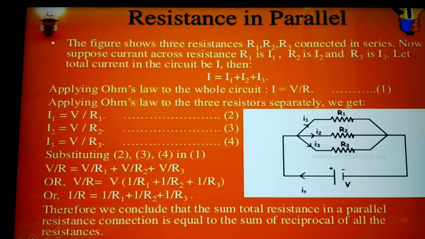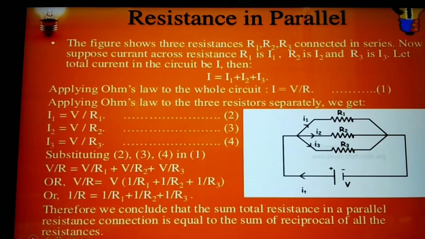Let the total current in the circuit be I, then I is equal to I1 plus I2 plus I3. Applying Ohm's law to the whole circuit, I is equal to V by R. Applying Ohm's law to the three resistors separately, we get I1 is equal to V by R1, I2 is equal to V by R2, I3 is equal to V by R3.